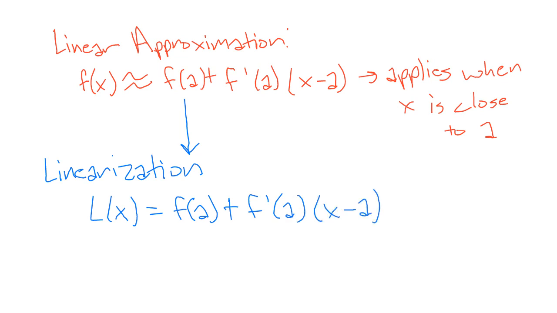So essentially, linear approximation is the concept, and linearization is just the exact number we get out whenever we plug things in. Linearization gives us another general form where we can plug in different values of x. So now let's try a couple examples with this concept.